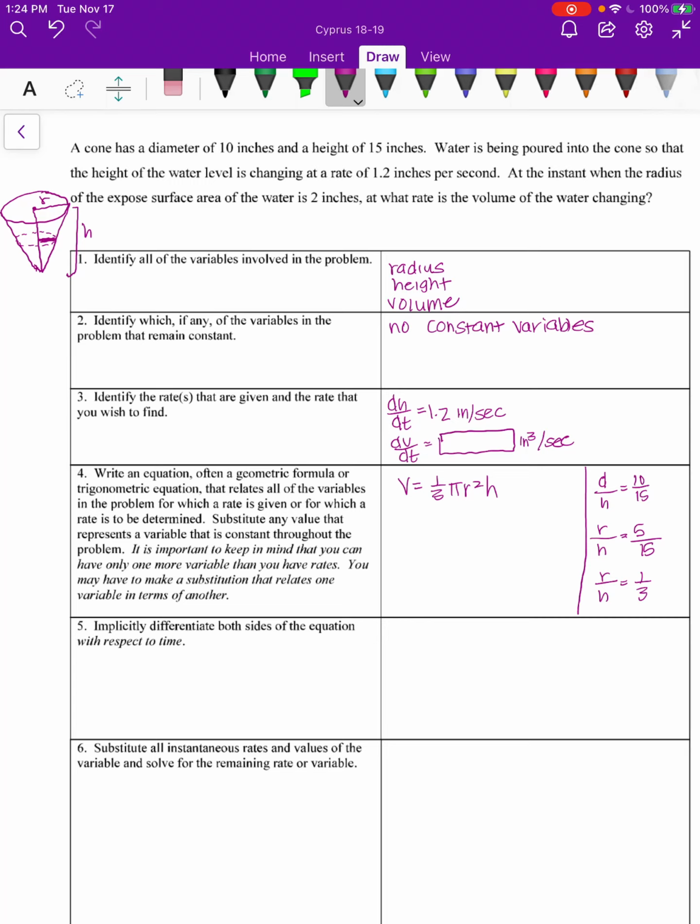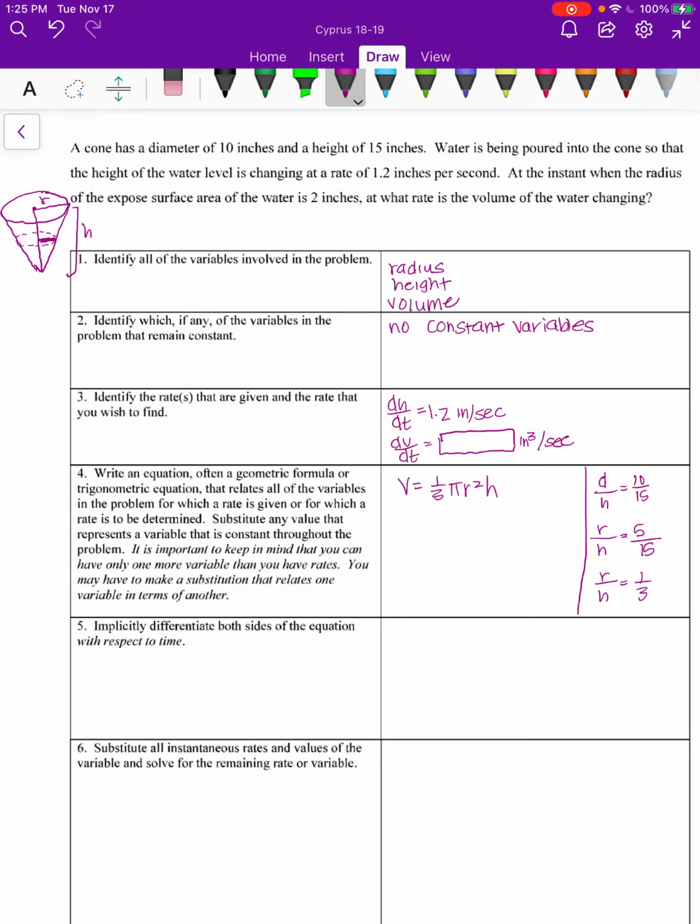And this is a constant relationship. So when the height is 30, the radius is 10, and so on and so forth. This is a constant relationship between the radius and the height of this cone.